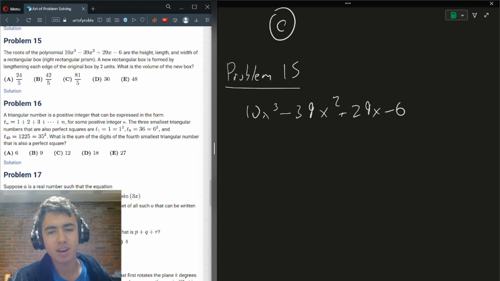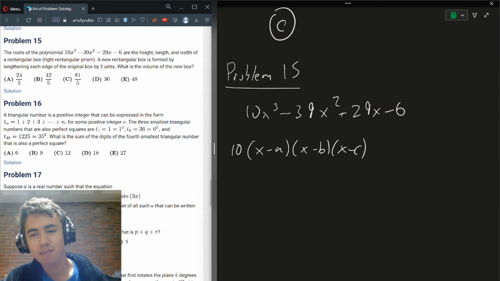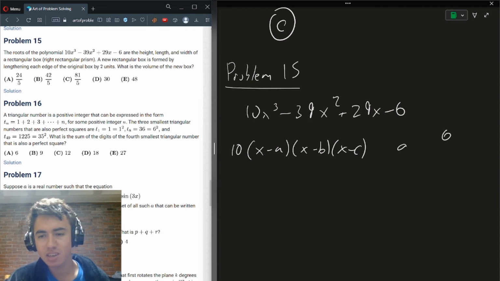Or it's the negative of that, right? Imagine the polynomial looks like 10 times (x minus a)(x minus b)(x minus c), where a, b, and c are the roots. Then the product of the roots times 10 will be the negative of the constant term. So the product of the original roots, a, b, c, is equal to 6/10.